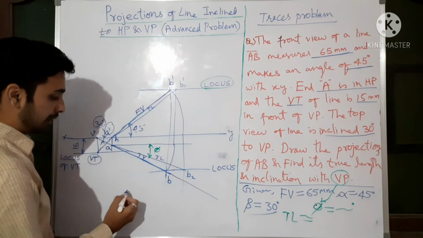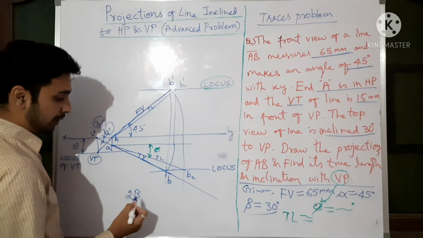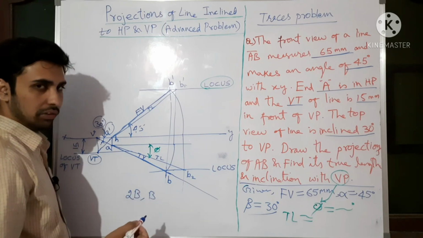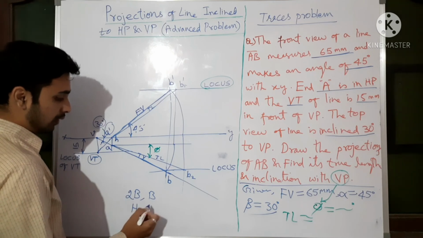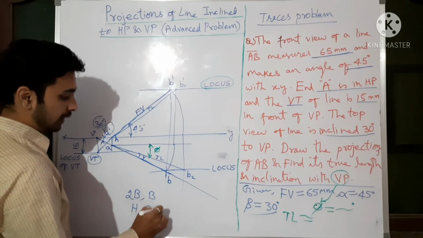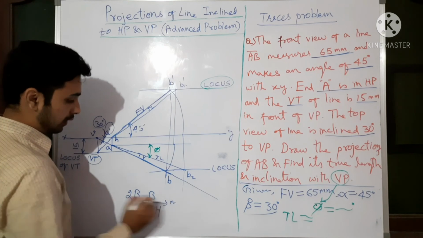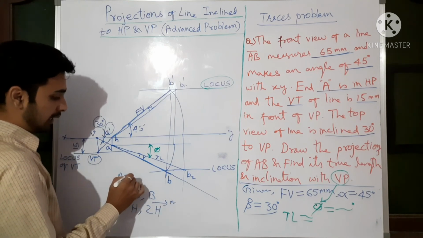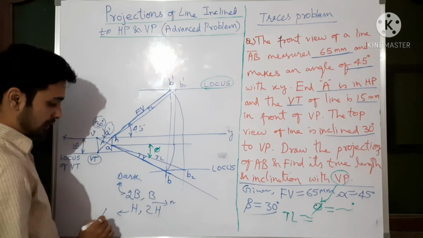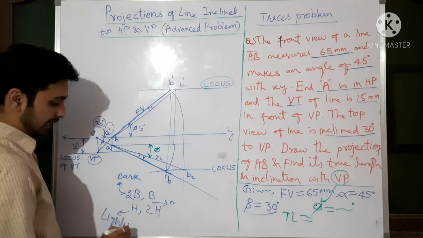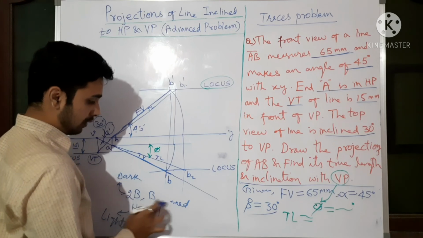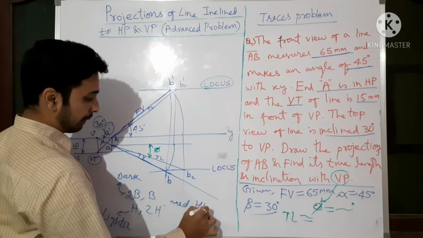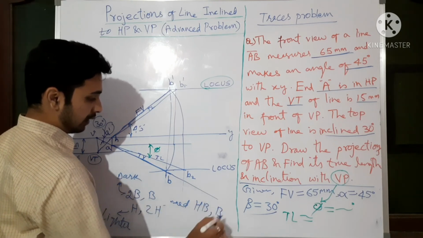For dark you can prefer the pencil 2B or B, it's an individual choice. For light you can use H, 2H. For medium you can have in between, HB or B, it's up to you.